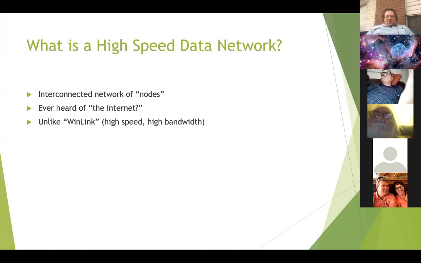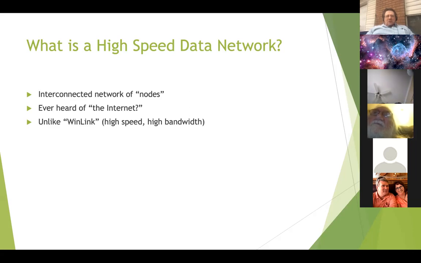So it's very different from WinLink, which we had a presentation on a couple of months ago. We went to the West Valley Amateur Radio Club's meeting and learned about WinLink. The main differences are this is a high-speed network where the data is moving very rapidly and at high bandwidth, whereas WinLink is designed for very slow speed.